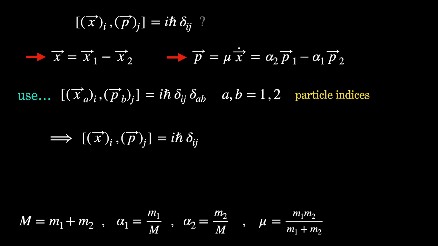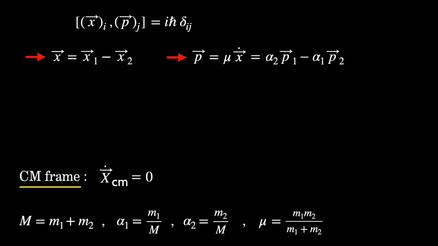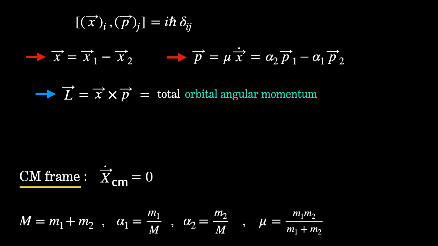Indeed, x and p really form a conjugated pair. From here, we could directly quantize the angular momentum associated with x and p. This has the significance that the angular momentum states we find would correspond to the total orbital angular momentum observed in the center of mass frame. We can just use our previous results.